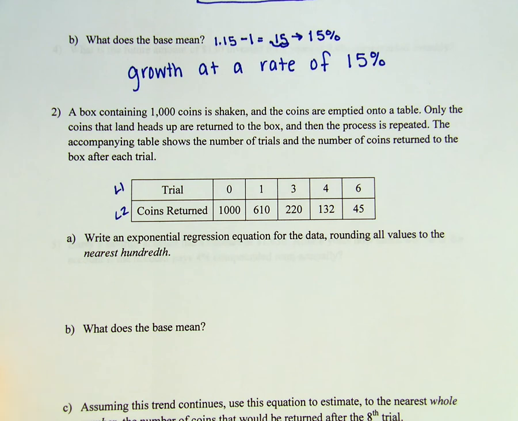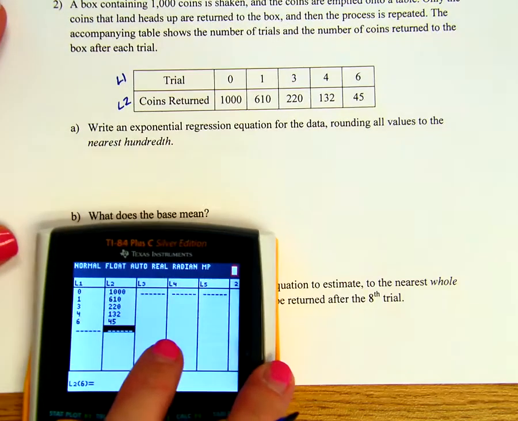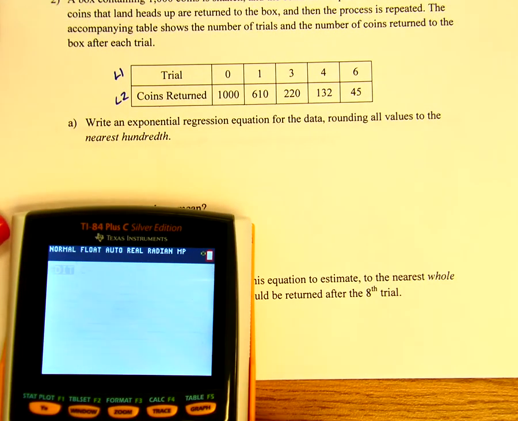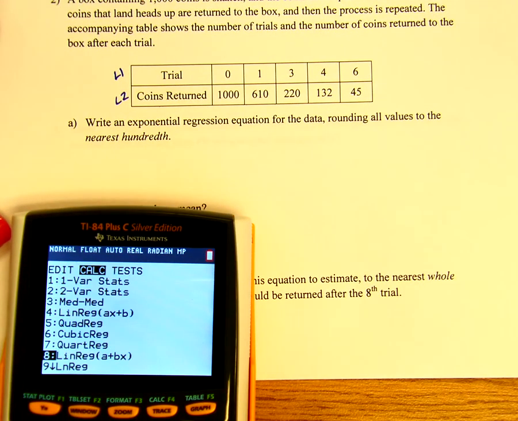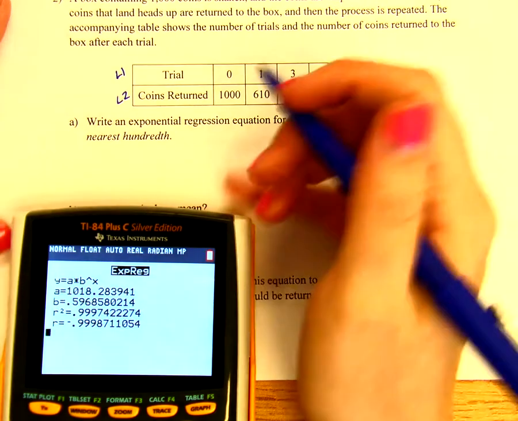We're going to plug in this information here. Once we have this, we want to find our exponential regression equation. So Stat, Calc, down to option 0, hit Enter. Enter all the way through.